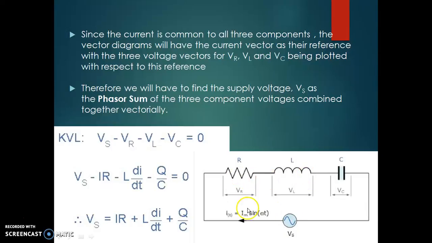Now, applying KVL to the circuit, we get Vs minus Vr minus Vl minus Vc equal to 0.